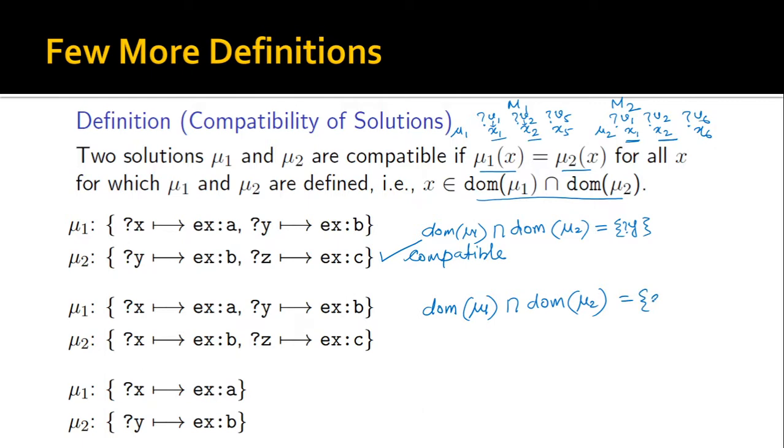So x is the common variable in these two solutions. But you can see that x has been instantiated with a in mu1, but in mu2 x has been instantiated with b. So in that case we say this is not compatible. This particular solution pair is not compatible.